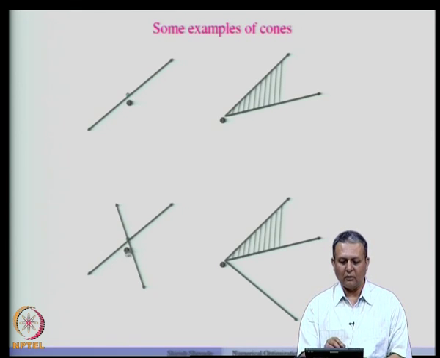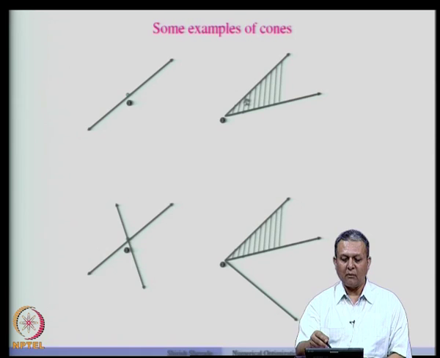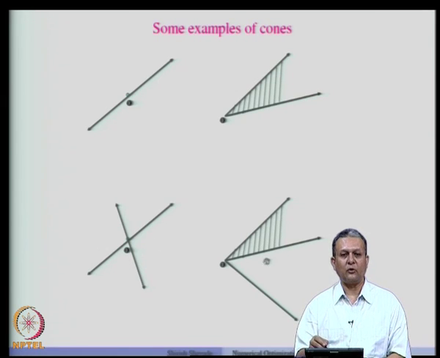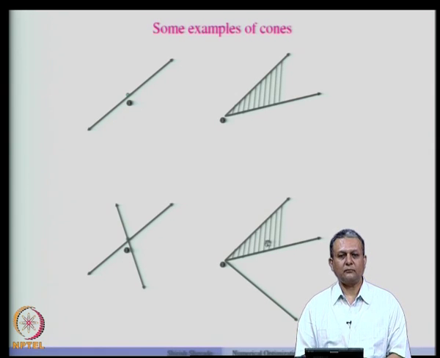Similarly, this is also a cone. We have just added one extra ray to the previously seen cone. But the difference between the two examples shown earlier and the two examples shown here is that those cones are convex, while these cones are not convex.